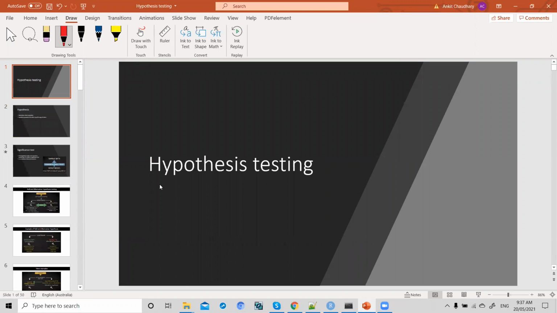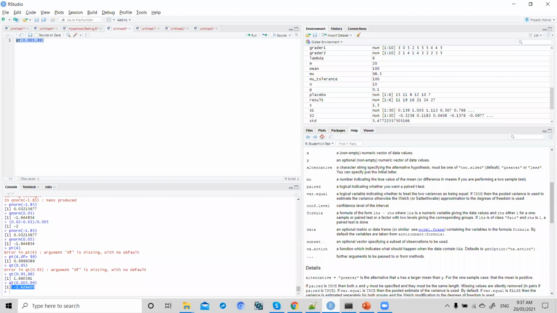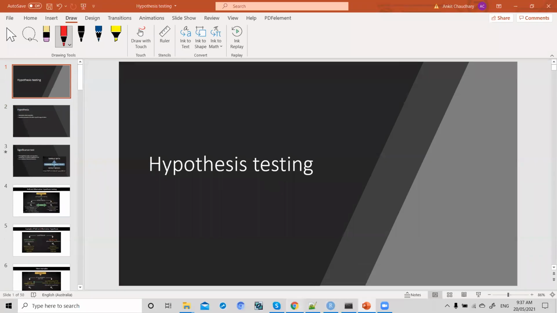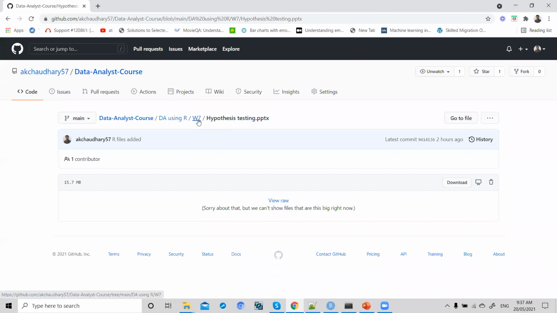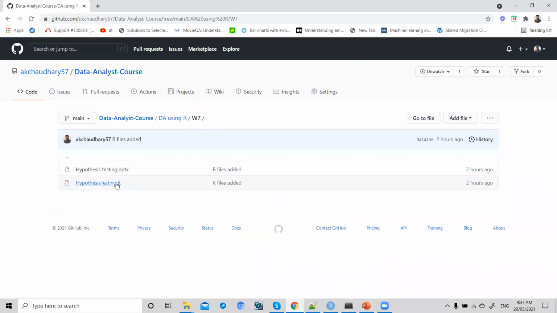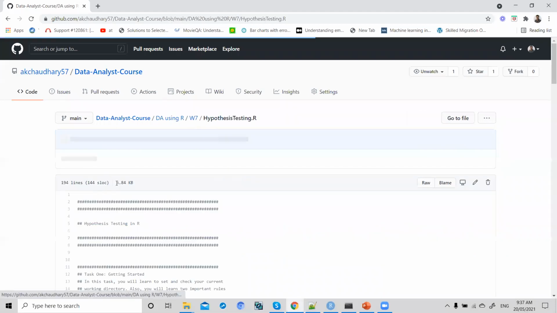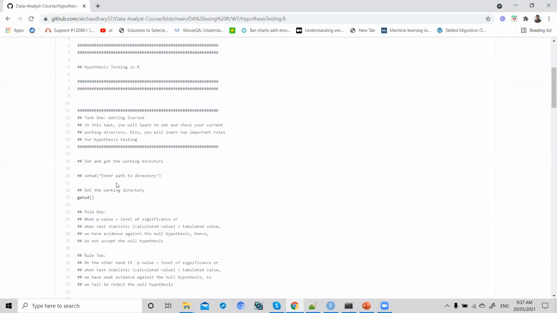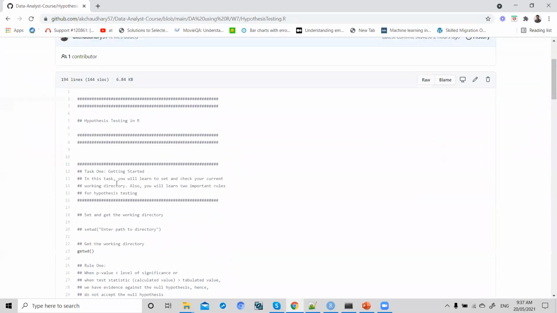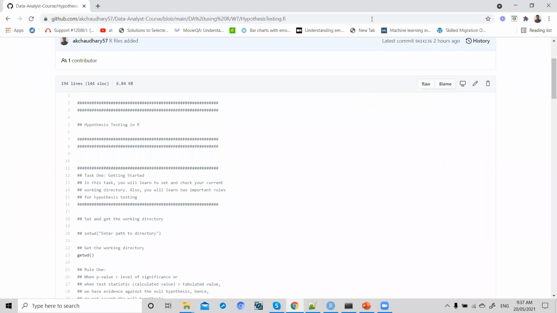So we will implement all this in R. Let's take a 5 minute break and then we will start the implementation in R. This will give you a clearer picture of how this is done.